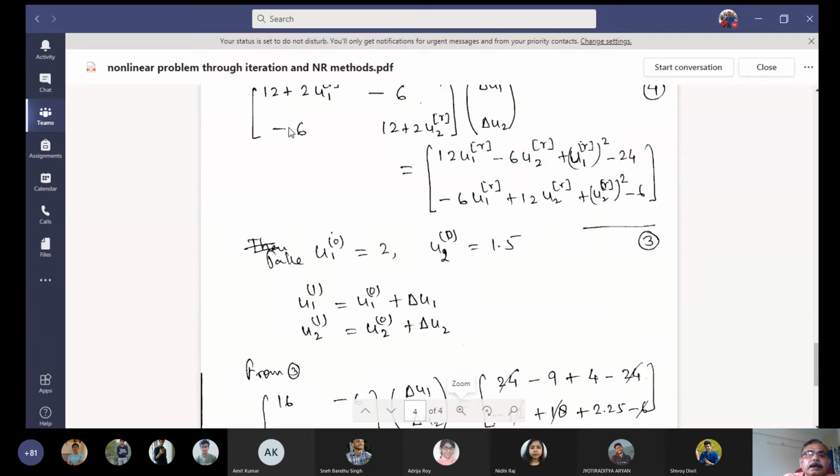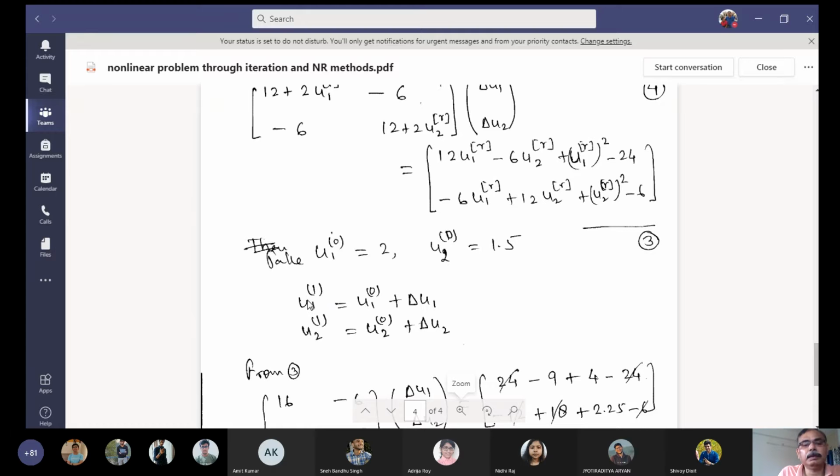Once you put that, this is known, this is Ax equal to b, because everything on the right hand side is also evaluated at the previous value. So then you can find out your delta u1 and delta u2. Once delta u1 and u2 are known, you can write down your next value of u1.